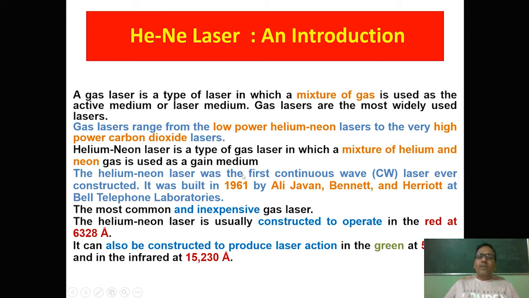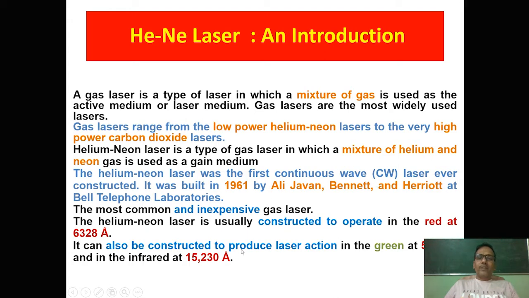The helium neon laser was the first continuous wave laser to be constructed. It was built in 1961 by Javan, Bennett and Herriott at the Bell Telephone Laboratories. This is the most common and inexpensive gas laser. It is usually constructed to operate in the red range at a wavelength of 6328 angstrom.